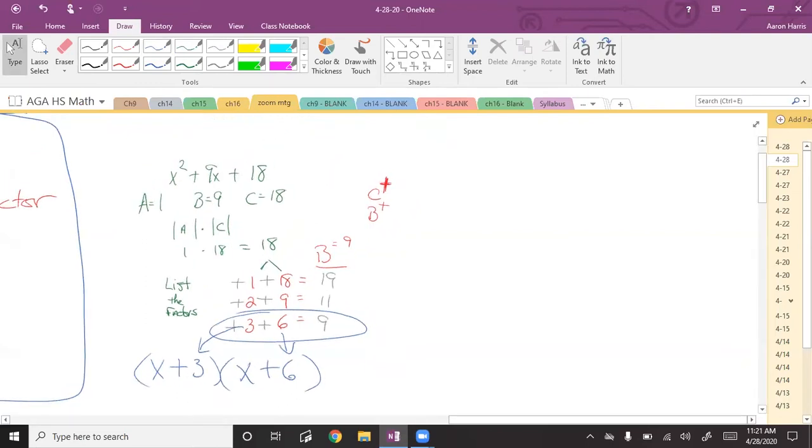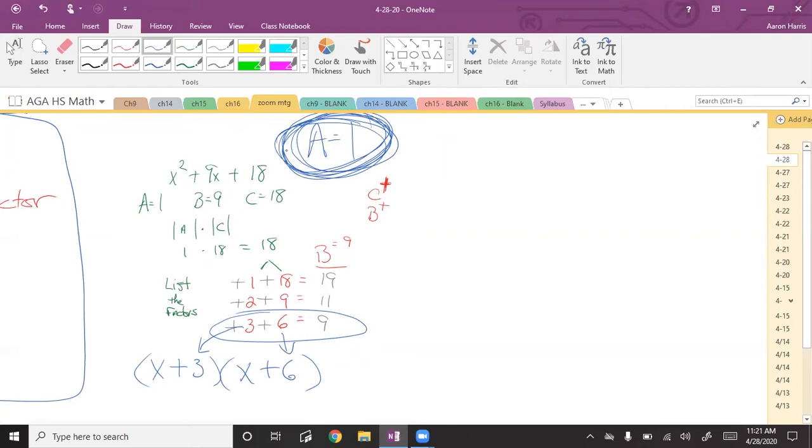But this only works when what? When the factors are different? Isn't it when A is 1? Yes, when A is 1, that works. Because if A is not 1, we have to do a different technique. Cool?